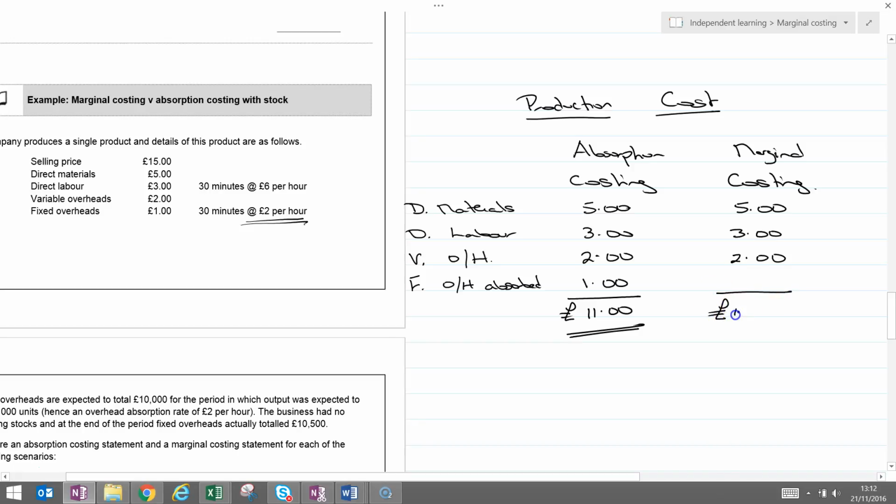So our production cost when we do the marginal costing statement is going to be £10. So just have a look at that for a second. Make sure you're happy with the difference between the two, because this is going to be the main difference within the statements.